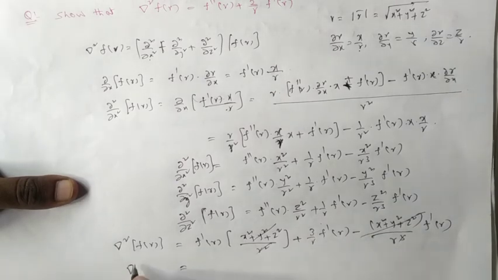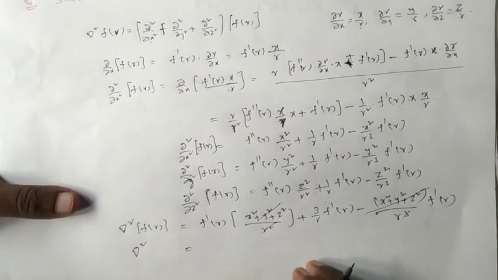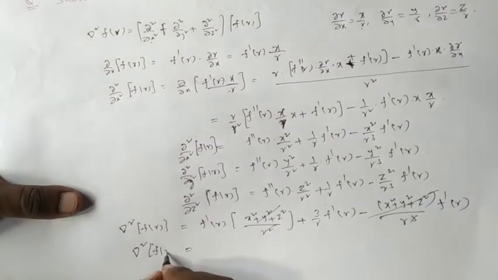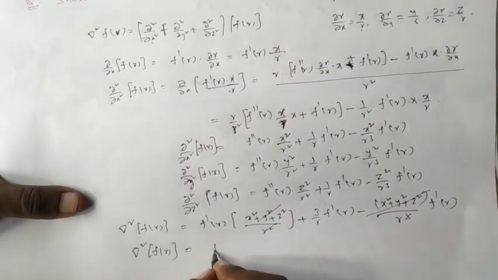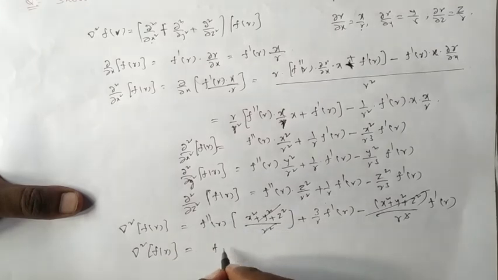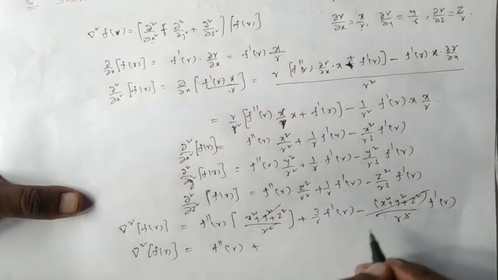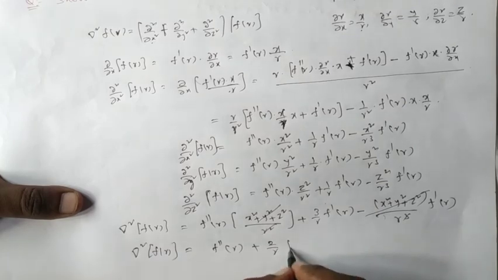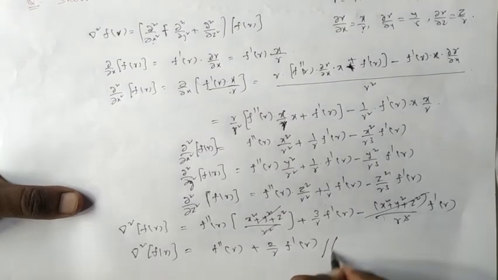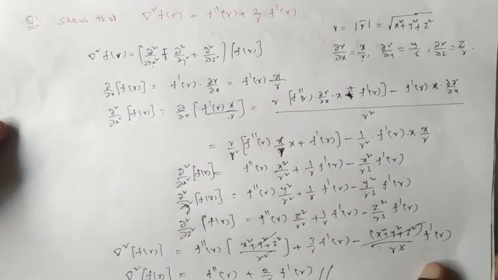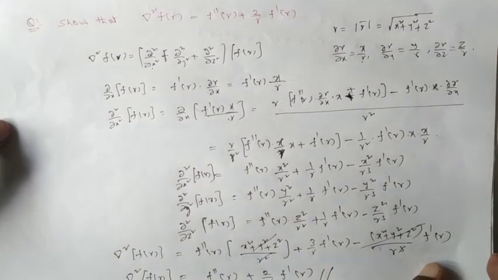So del square of f(r) equals f''(r) only, plus 3 by r minus 1 by r, which is 2 by r, into f'(r). I think it is our required result to be shown.